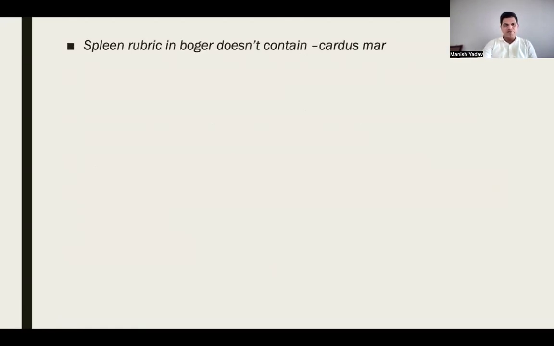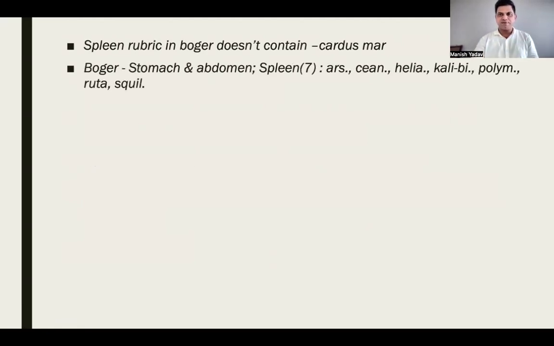So check the materia medica. You can go and read it. Now, the interesting fact here was the spleen rubric in Boger doesn't contain Cardus Marianus. Now, this is very strange. I told you, right? The spleen is also affected. But when you take the spleen rubric, Boger stomach spleen: arsenic, and so on, ruta and squilla.